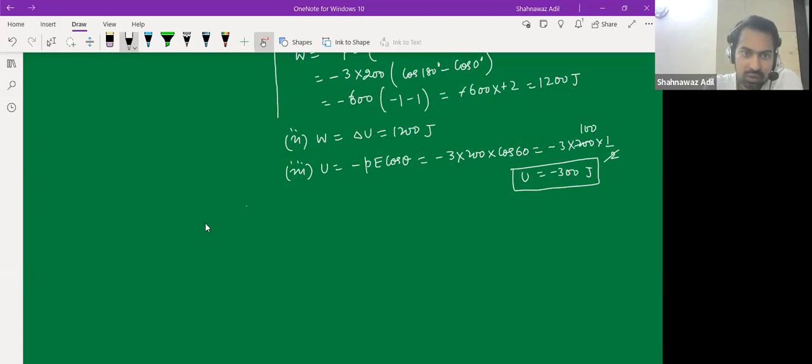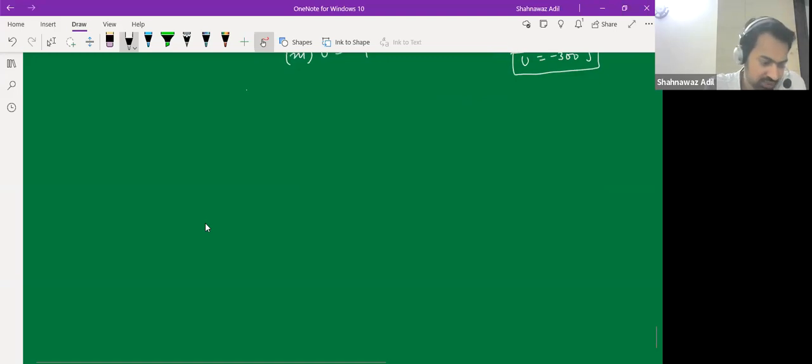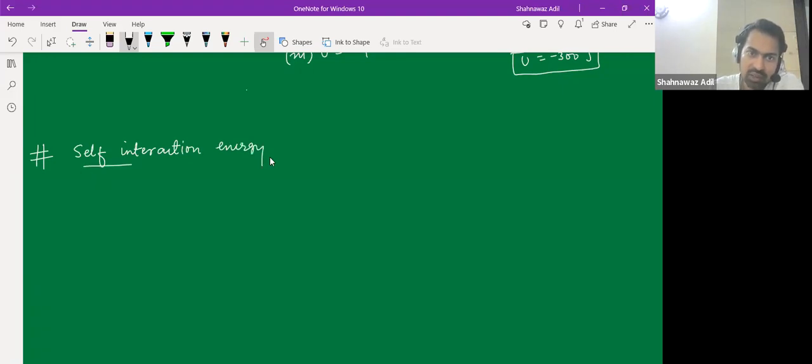Now the derivation part is not important. We have self-interaction energy. What is that? The self-interaction energy of a hollow sphere.